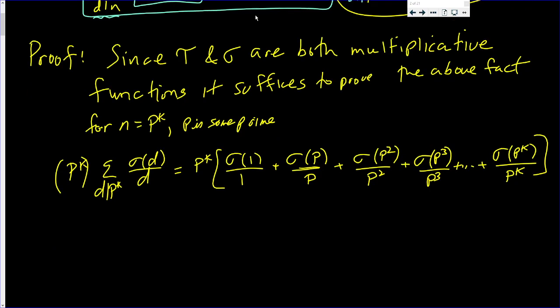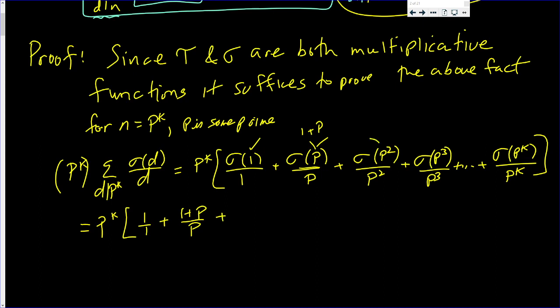Now what we do is we find out what sigma of these values are. Sigma of 1: it has only one divisor, 1, and when you add up those divisors, you get 1 over 1. The divisors of p are 1 and p, so sigma of p will be the sum of those divisors over p.